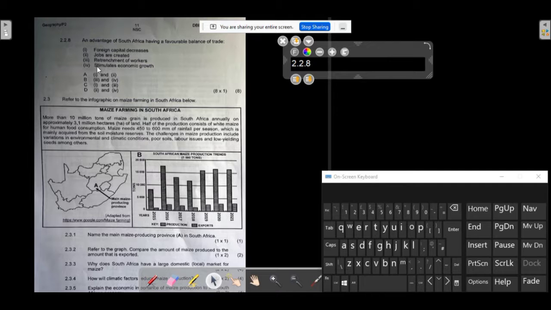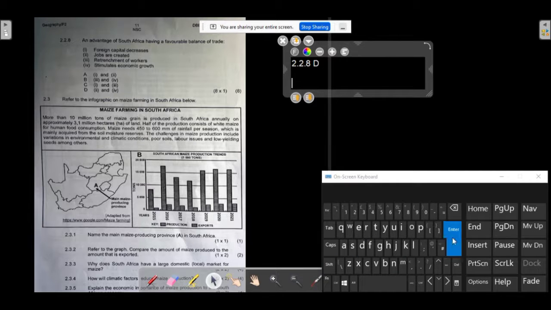Retrenchment of workers is not an advantage, and it cannot be associated with a favorable balance of trade. So I'm going with Roman figure 2 and Roman figure 4. So 2 and 4, that is D. So I'm going with D for 2.2.8.